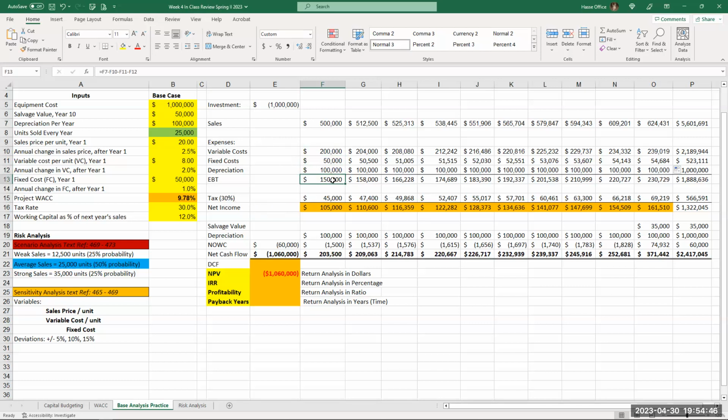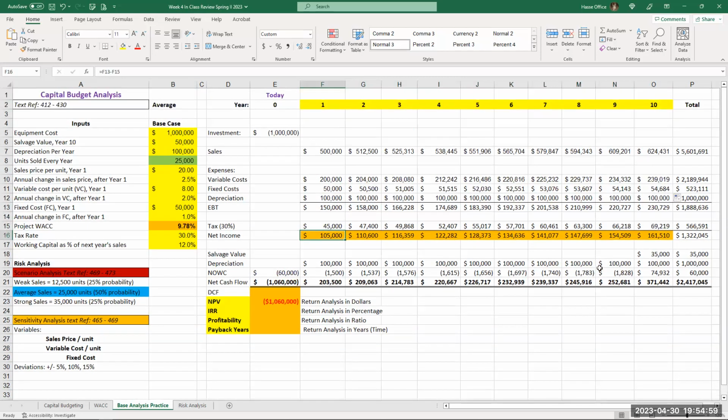So I'll take 30% of 150,000, 158, and so on. And I get my net accounting income, 105,000 in year one, and so on. Total net income of $1.322 million.